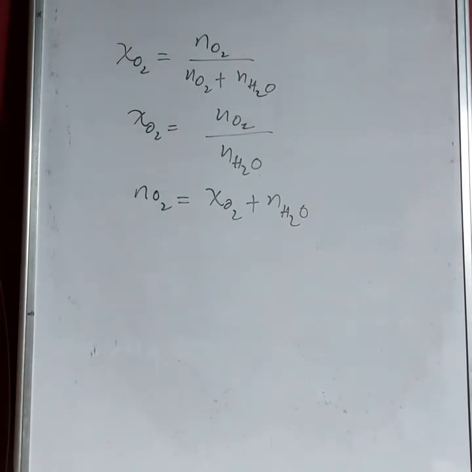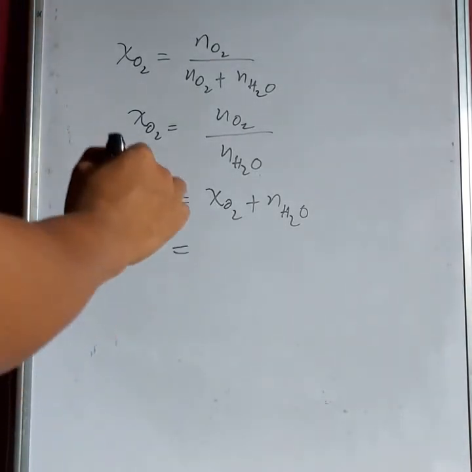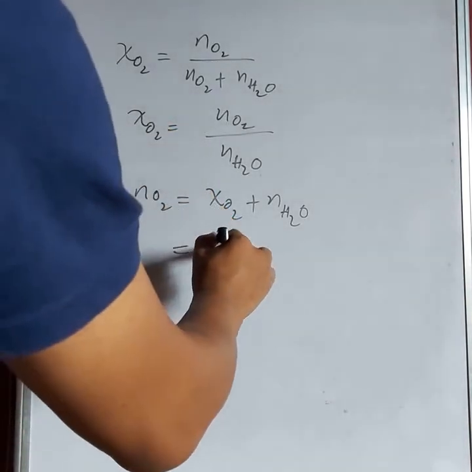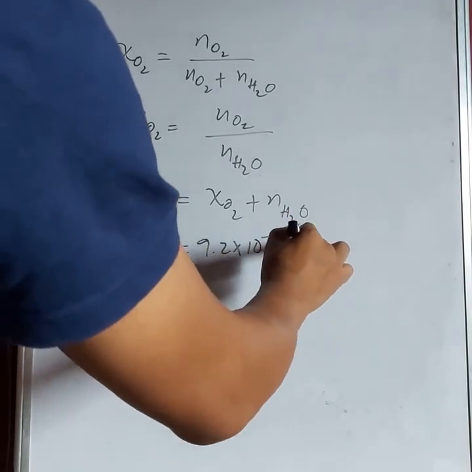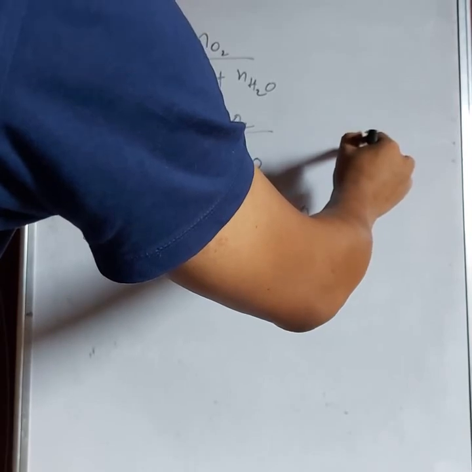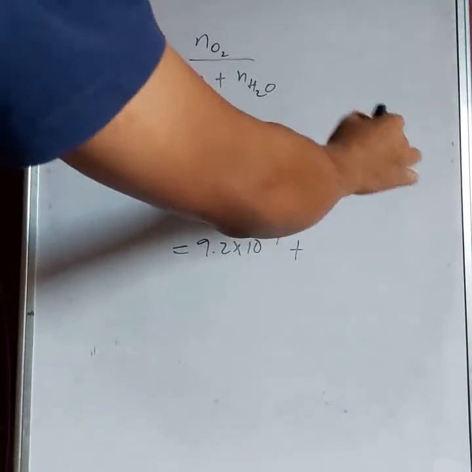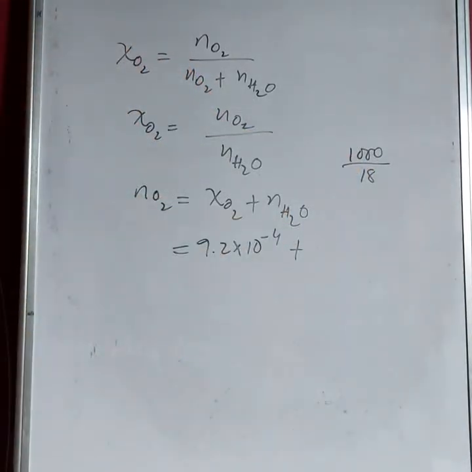If we plug in the values, then we'll get the result. It is equal to 9.2 into 10 raised to the power negative 6 times the number of moles of water, which is nothing but 1000 divided by 18, that is 1 liter of water divided by the molecular weight of water.